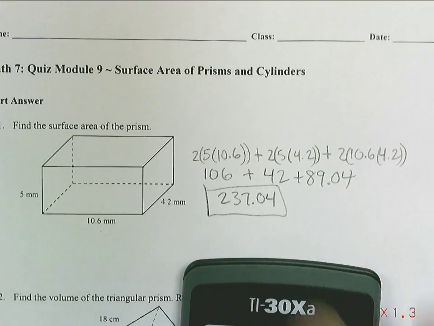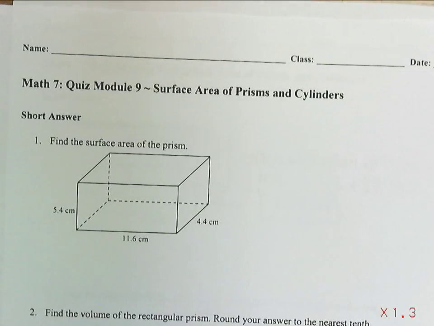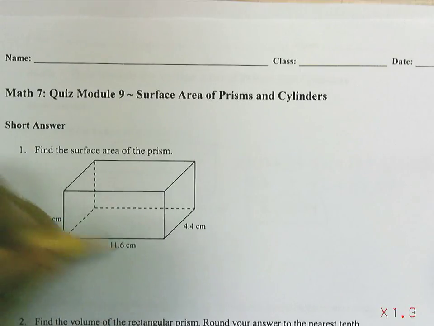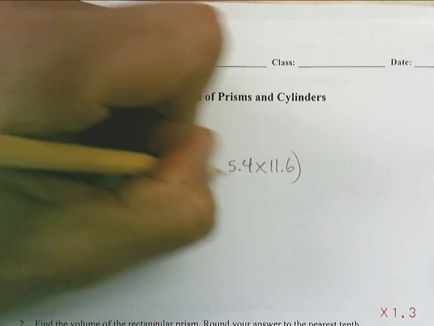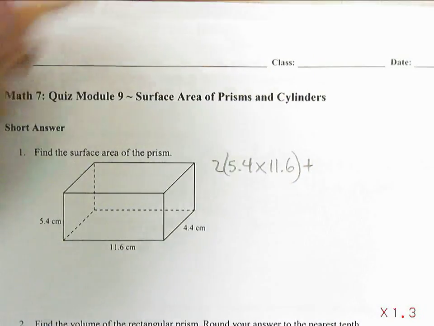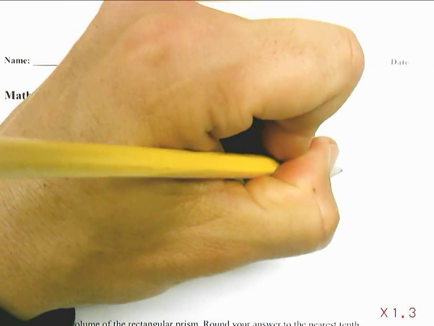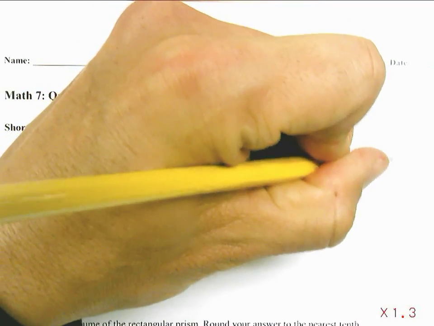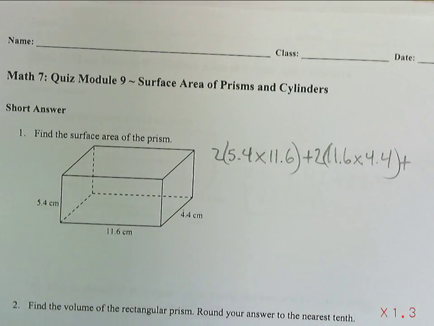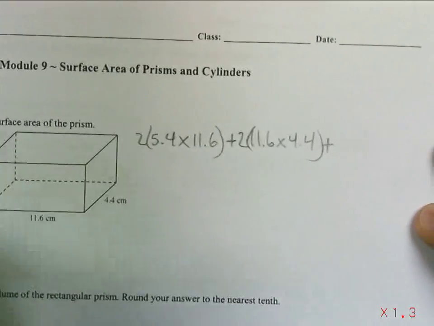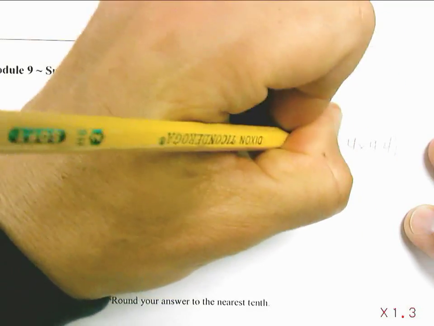Okay, so it's 5.4 times 11.6, double that, plus 11.6 times 4.4, and double that, plus 5.4 times 4.4, and double that.